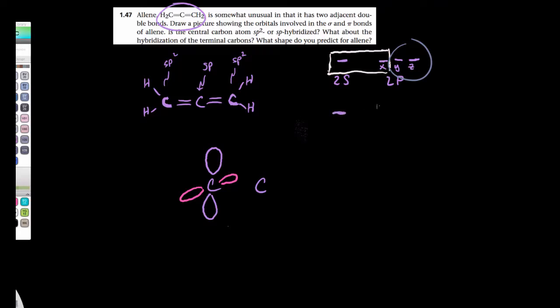If you have sp2 hybridized, and this is the s, sp2 hybridization means you have the s and then two of the p orbitals. So this is sp and this is sp2 hybridization. And sp2 hybridization leaves you with one pure p orbital.